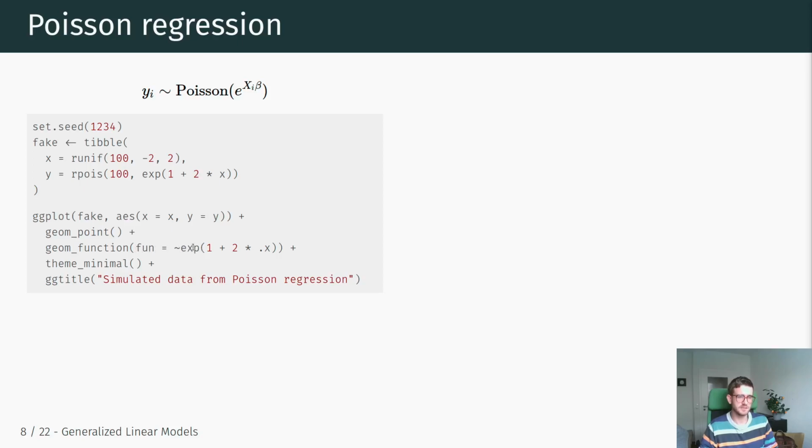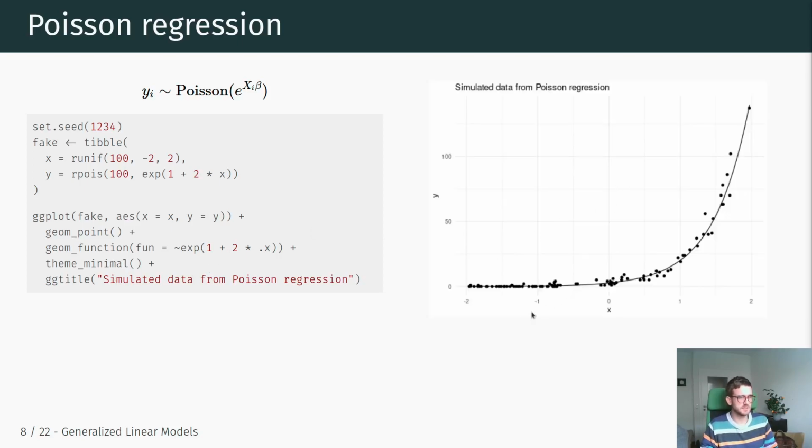Again, this is just the exponent of 1 plus 2 times x, and that should be the expectation of our Poisson process conditional on x. If we run this, we see a clear exponential curve here. With increasing x, we have an increasing number of events in y, and the line that we fit through here is this exponential curve, 1 plus 2 times x.